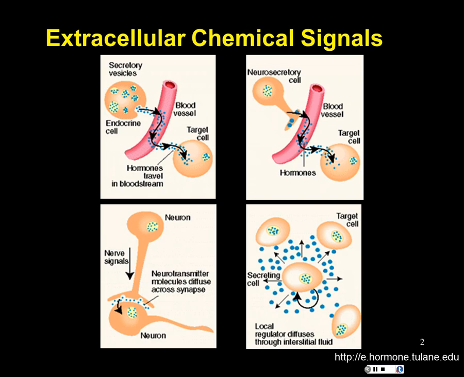Very good. The hormones not only go into the interstitial fluid, like we saw the neurotransmitter, but they also go into the blood. So hormones are circulated in your blood. So they're far away from the target cell, most likely.